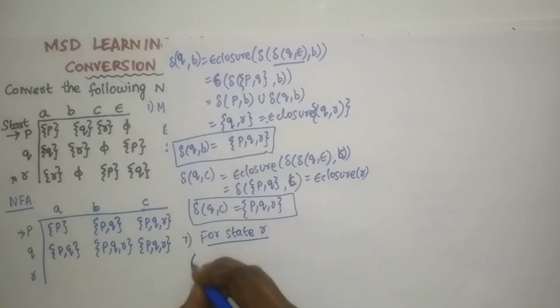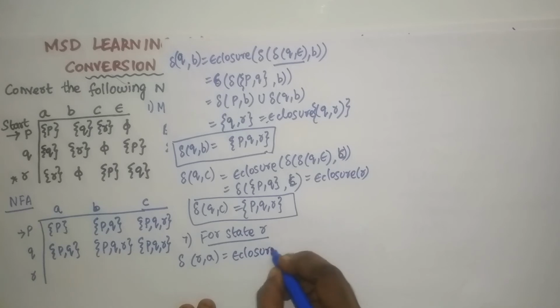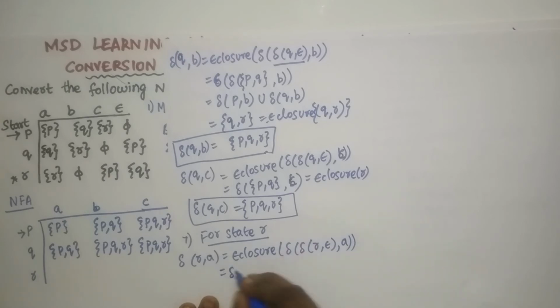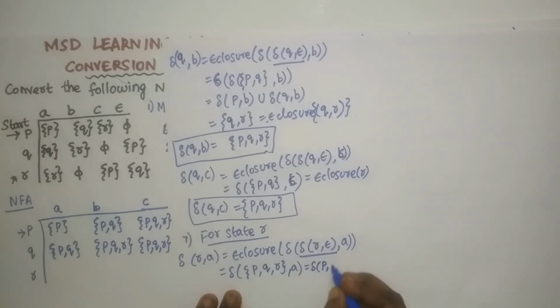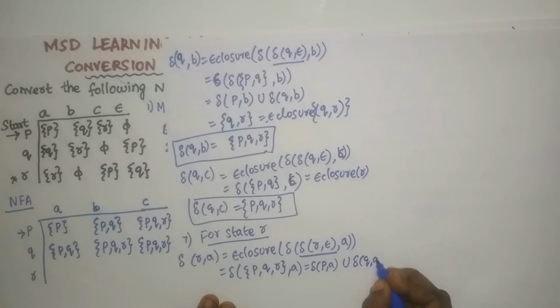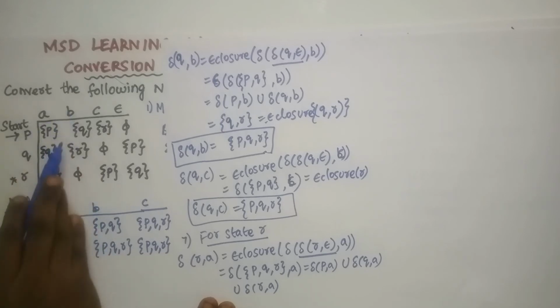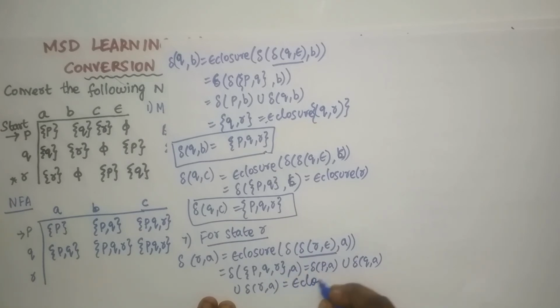For the state R, we need to find for (R, A), that is δ'(R, A), which is equal to epsilon closure of δ(R, epsilon, A). δ(R, epsilon) is epsilon closure of R, so epsilon closure of R is {P, Q, R}. And δ({P, Q, R}, A) is equal to δ(P, A) union δ(Q, A) union δ(R, A), which is (P, A) is P, (Q, A) is Q and (R, A) is R, which is nothing but epsilon closure of {P, Q, R}.